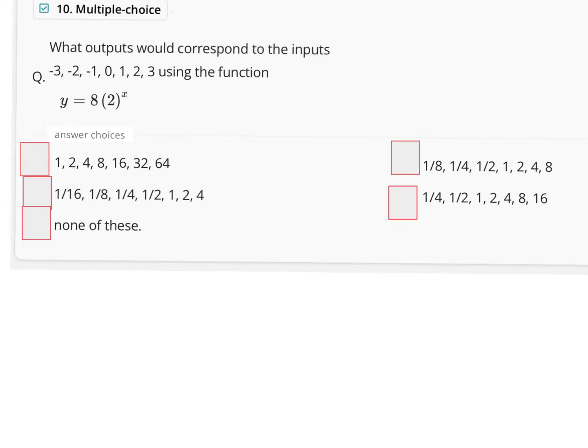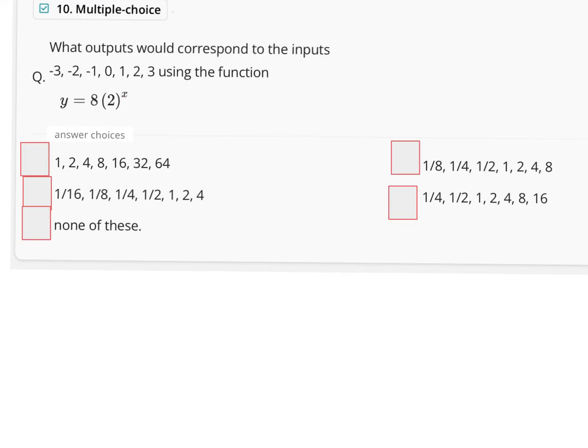Right here, they're asking what outputs, what y values, right? Outputs are y values. What outputs would correspond to the inputs, to the x values, using this function? So what you've got to understand as you read this is that they're giving you these inputs, and these are numbers that you put in. Now, where do you put in these numbers? Inputs are your x values.